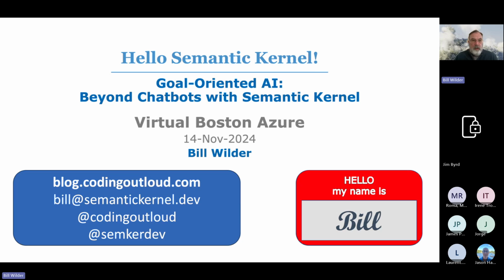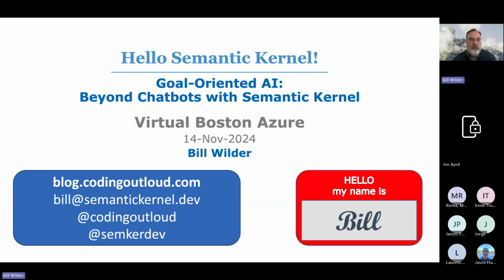So welcome again. My talk is going to focus on goal-oriented AI. It's what an agent is considered. I'm not going to talk about all the facets of building an agent, but the heart of it is essentially you're giving your AI a goal rather than telling it what to do step by step.